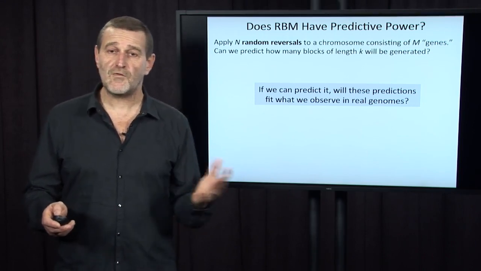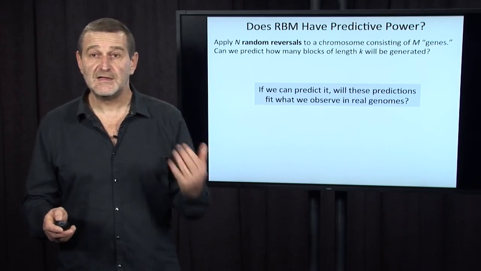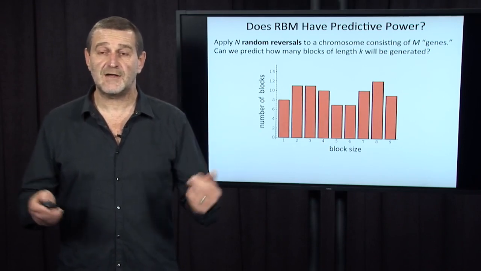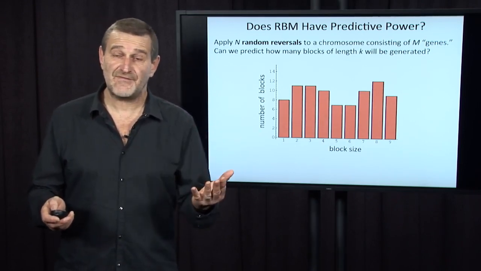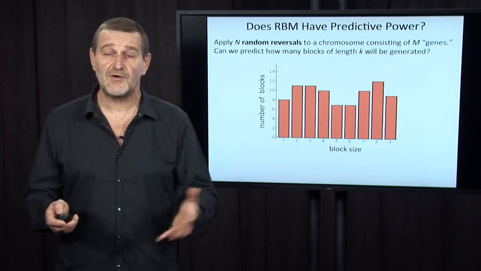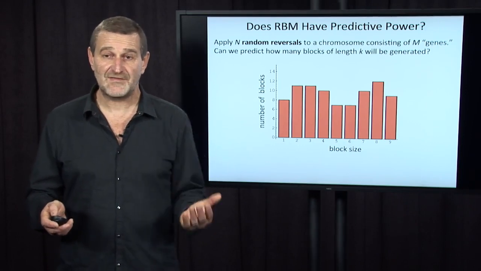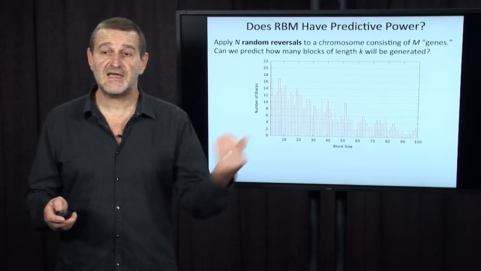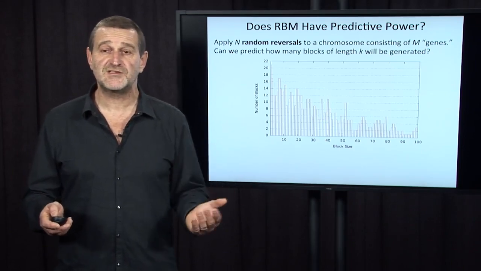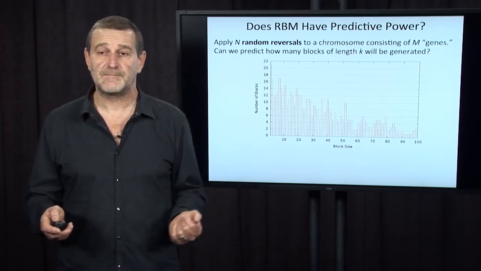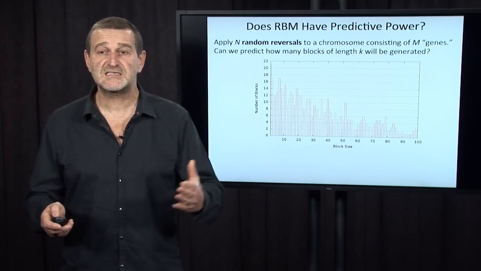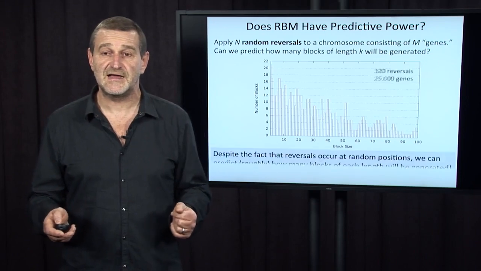For example, what would you expect after applying n random reversals to a chromosome? Would we expect roughly the same number of blocks of every length? Or would we expect something like this, where the number of blocks of each length will be variable? It turned out that we expect something that is similar to this last slide.